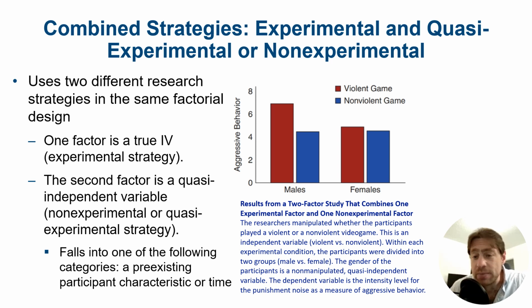And this, of course, is a pre-existing characteristic that is not being manipulated by the researcher. And so the findings, as you may recall, is that video game violence seemed to result in increased aggression in males, but seemed to have little to no effect in females. So these designs will enable researchers to address questions that single strategies can't really answer alone, thereby providing a more holistic understanding of the variables under study.